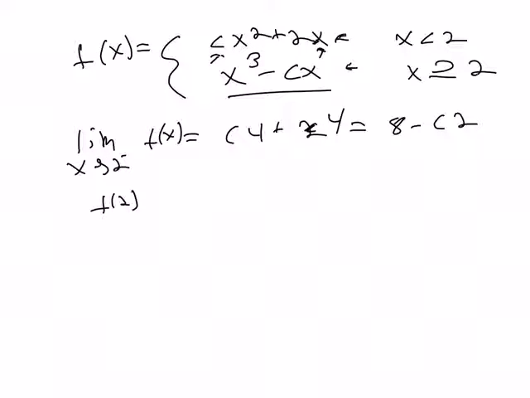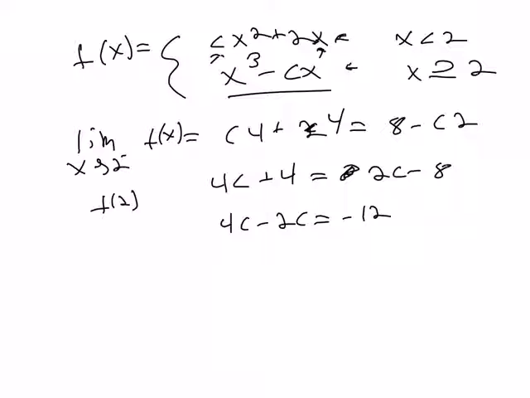In other words, we want 4c plus 4 to equal 2c minus 8, or 4c minus 2c to equal negative 12, or 2c to equal negative 6, or c to equal negative 3.